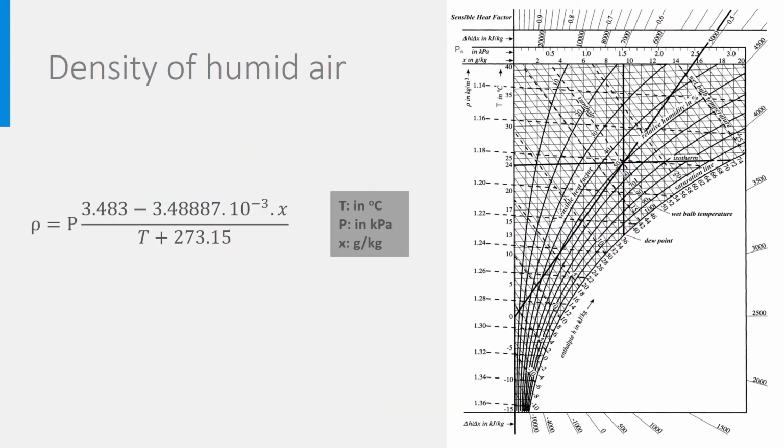The density of humid air is shown by the dotted line starting from the y-axis. First, if we look at dry air, the line with zero absolute humidity, you can see that the density of dry air changes from a bit more than 1.36 below to a bit less than 1.14 above, so the axis goes from high to low.